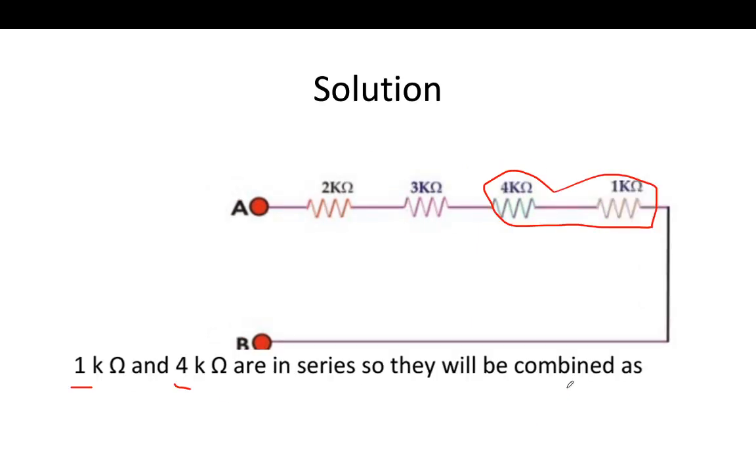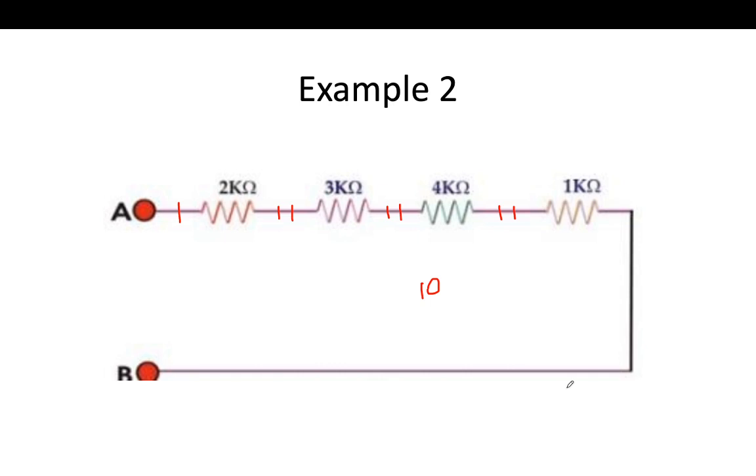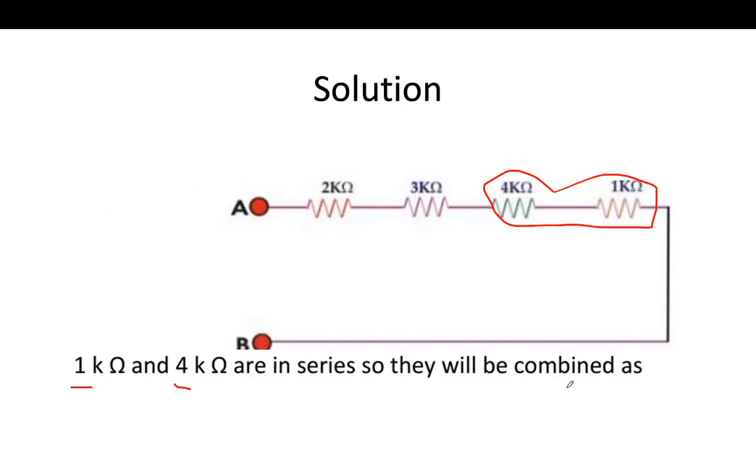So in the starting we already knew that the answer was 10, but in order to solve it in the exam we have to do it step by step. It is not compulsory that you start from the right side or left side.